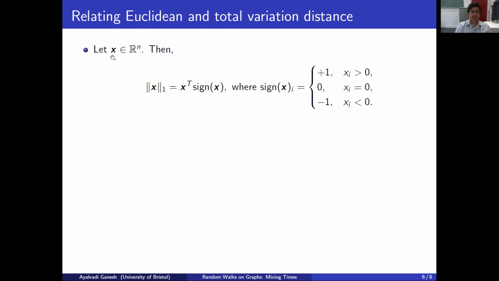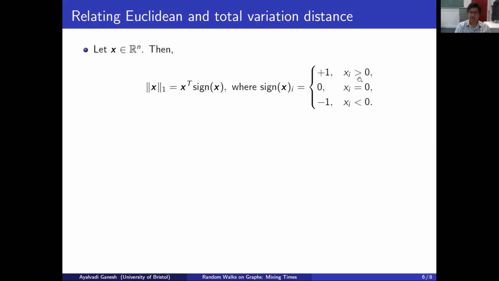So let's start with any vector x in R^n and then look at the L1 norm of x. So this is the sum of the absolute values of the elements of x. And that is the same as taking the inner product of the vector x and its sign. The ith element of the sign of x is the sign of the ith element of x.